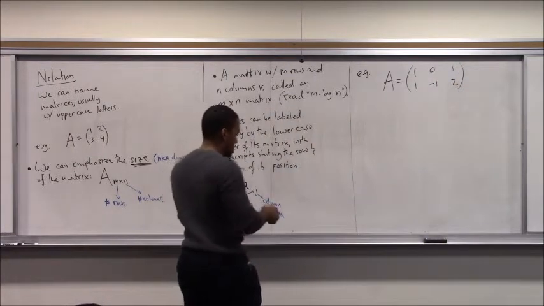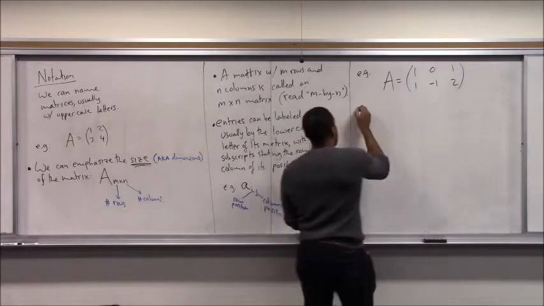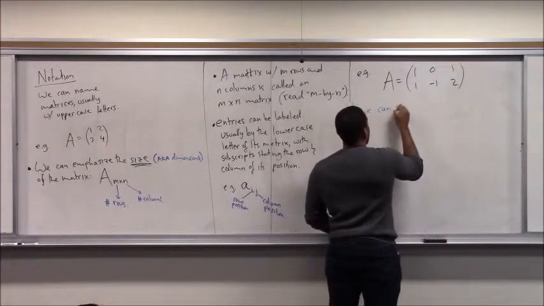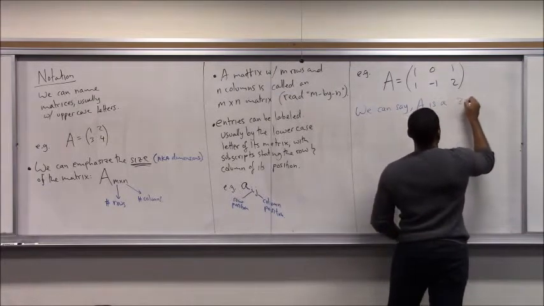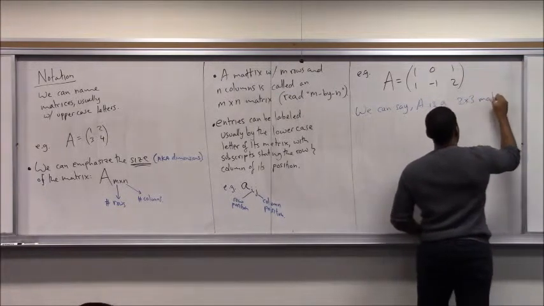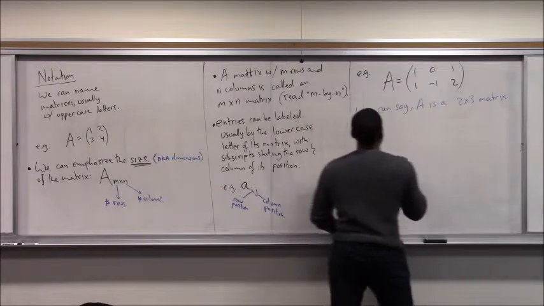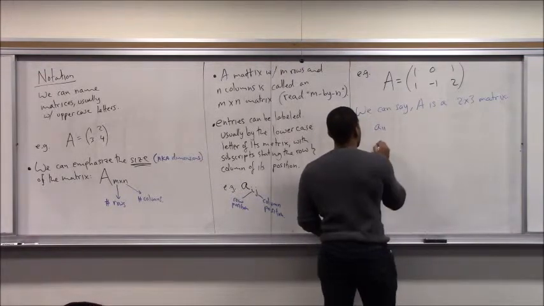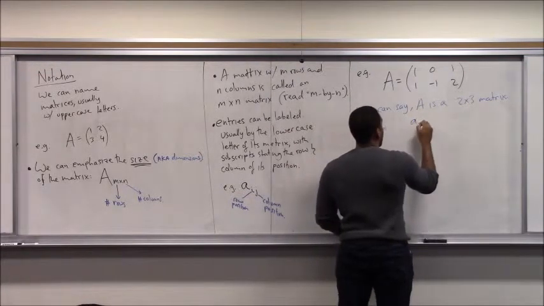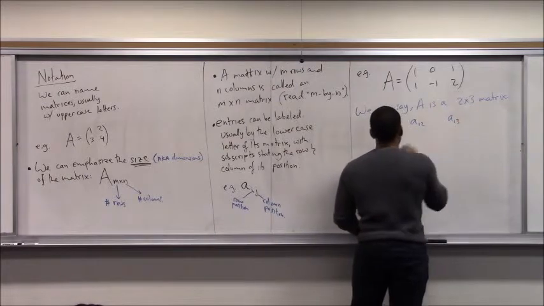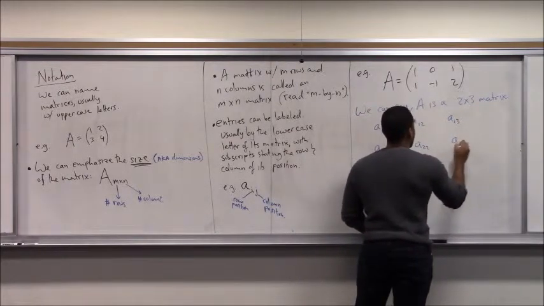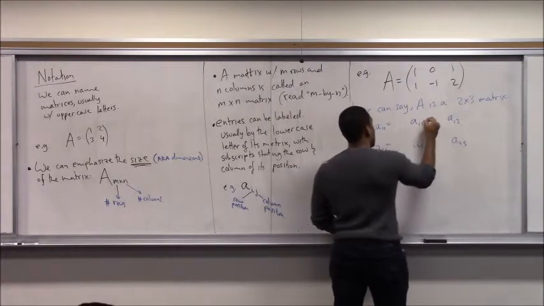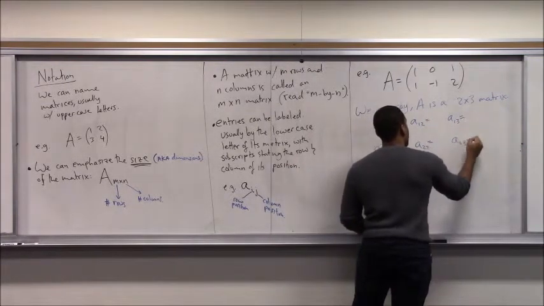So what we can say, A is a 2 by 3 matrix. Furthermore, I can talk about A11, A12, A13, A21, A22, A23. These are referring to specific positions for the numbers in the matrix.